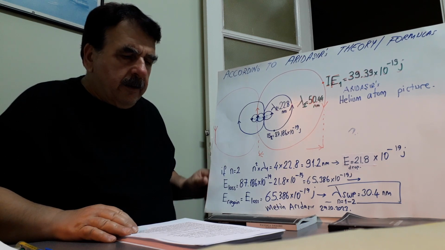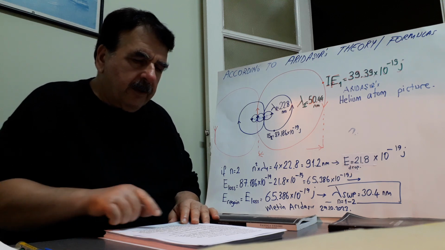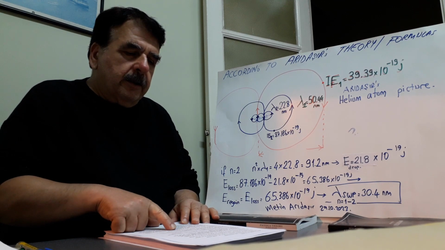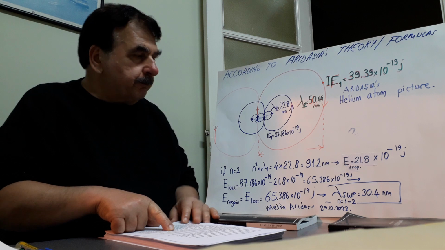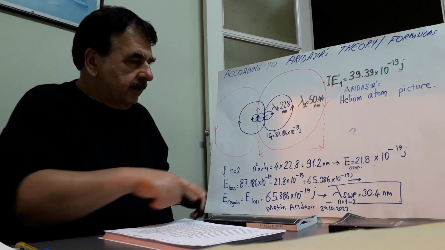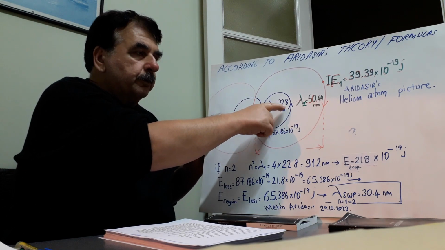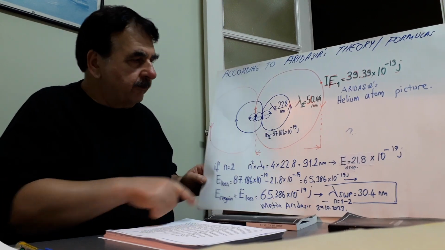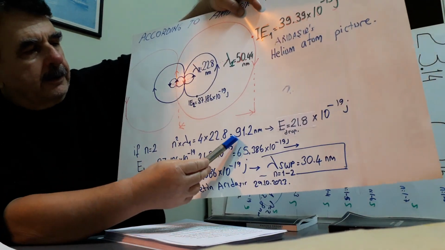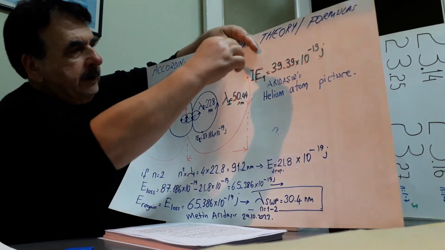If the effective wave number is 2, the 22.8 nanometer proton-bound electron motion form expands 2 squared multiplied by 22.8 nanometer. Okay, like this. And it expands like this.